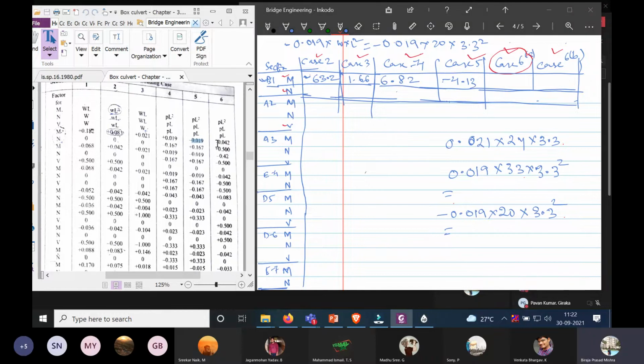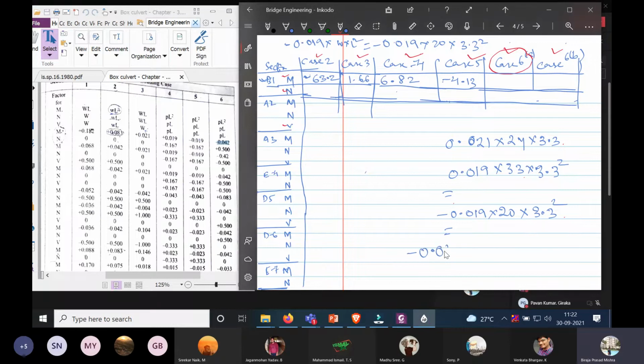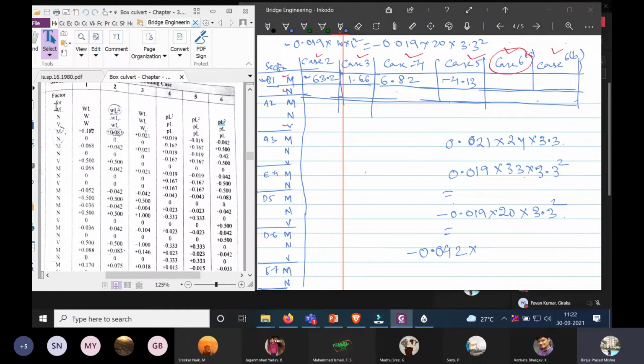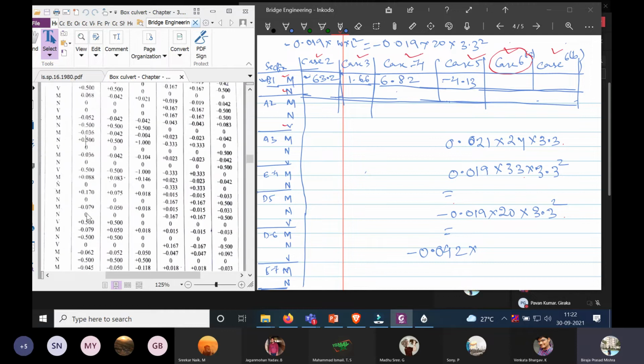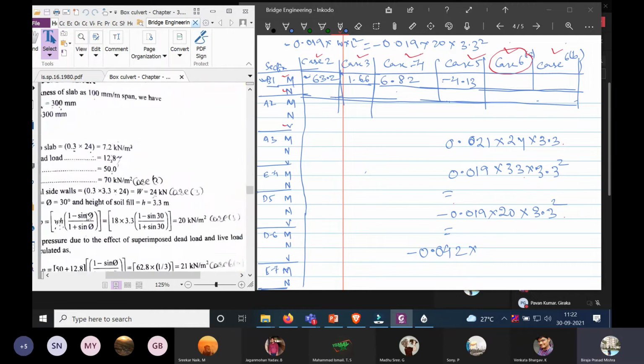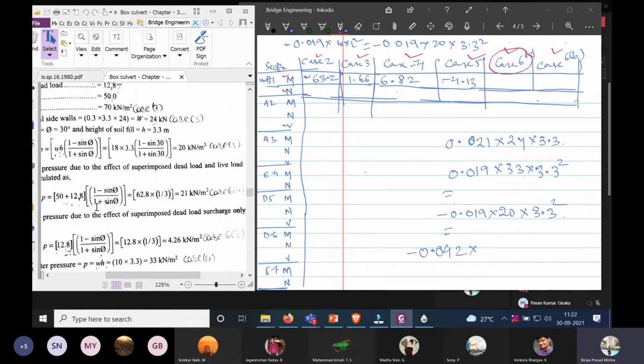Case 6. The coefficient is minus 0.042 into, we are calculating the moment, here it is moment, so it is PL square. The first case is the dead load, so case X6A.